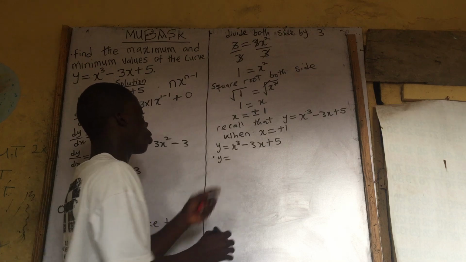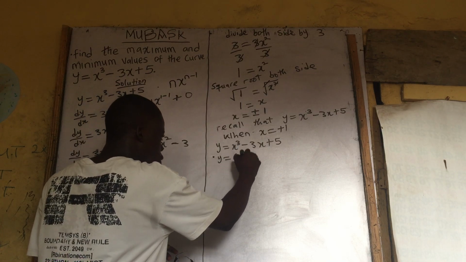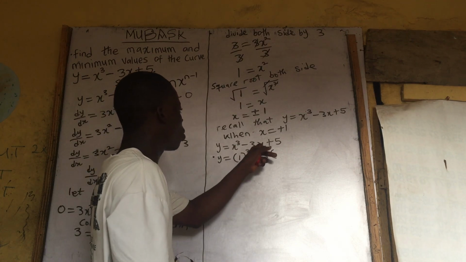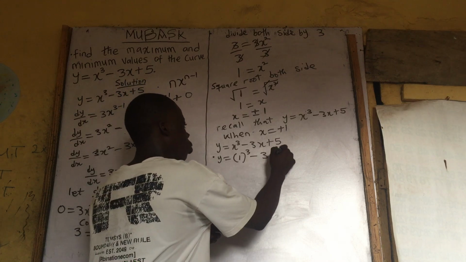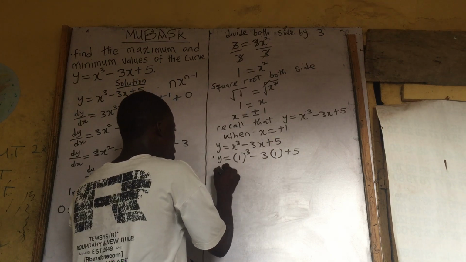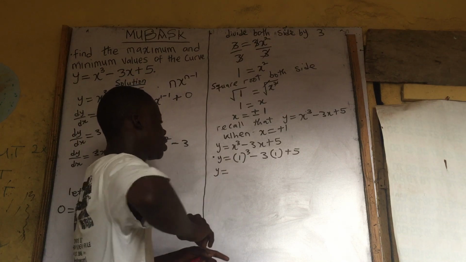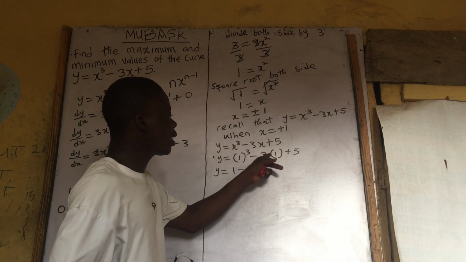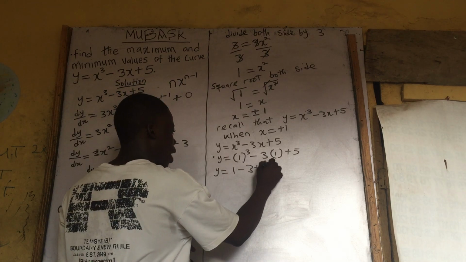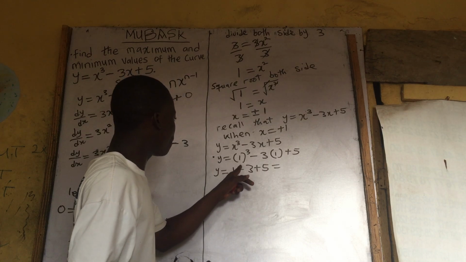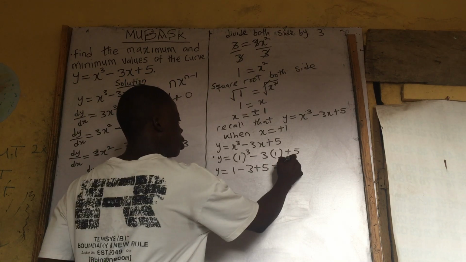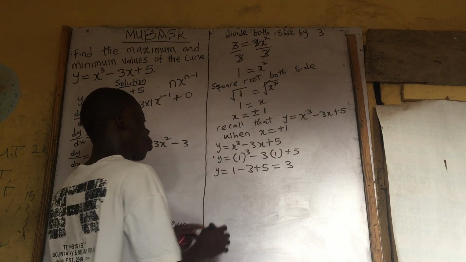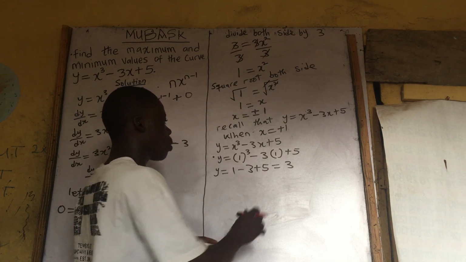Y equals 1 raised to power 3, which gives 1, minus 3 times 1, which is 3, plus 5. So 1 minus 3 plus 5 gives us 3. So when x equals 1, y equals 3.